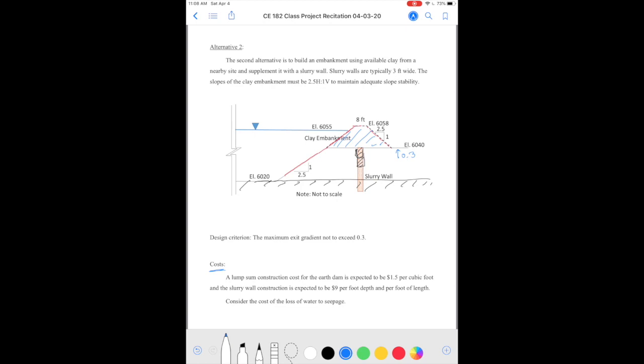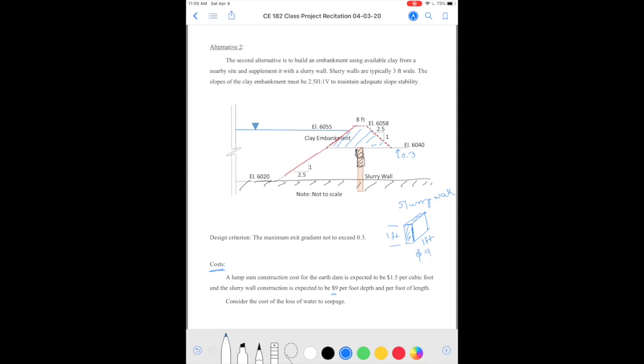And then the cost of slurry wall construction is given as $9 per foot depth and per foot of length. So what it means is that the thickness of the slurry wall doesn't matter. So if you look at the slurry wall, if it is 1 foot deep, whatever its thickness might be, and 1 foot in the direction perpendicular to the paper, then this much volume is going to cost $9.